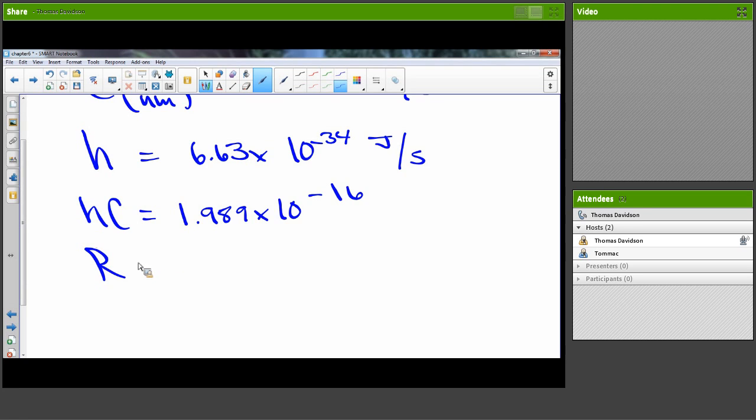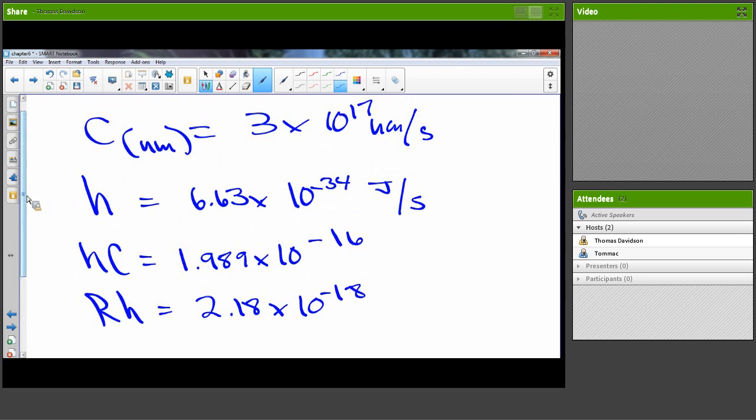It doesn't really have a letter. Is it RH? Okay. And that was 2.18, is that right? Times 10 to the negative 19, 18. There you go. There might be more, but I think that's it.